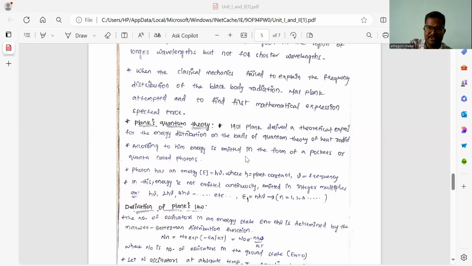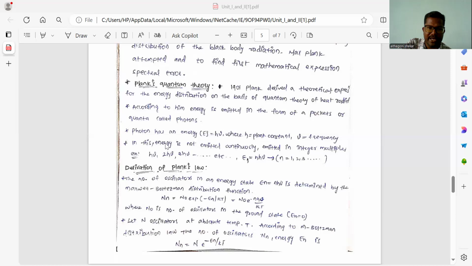According to Planck, energy is not continuous radiation; it is emitted in the form of packets, or quanta. This packet is called a photon.